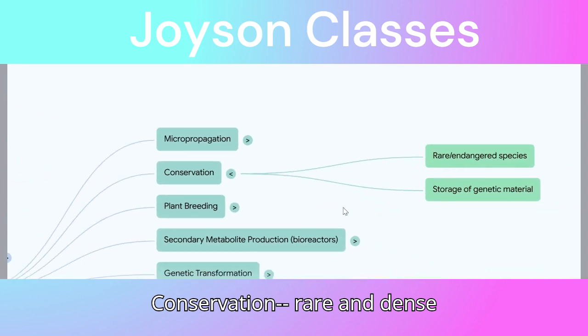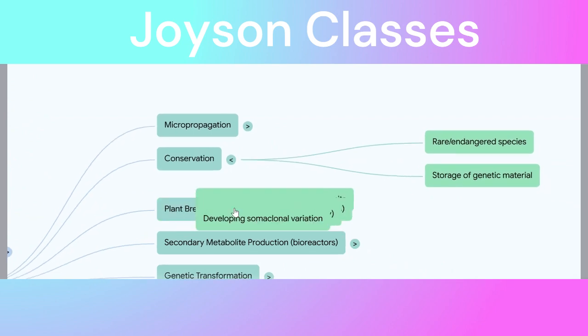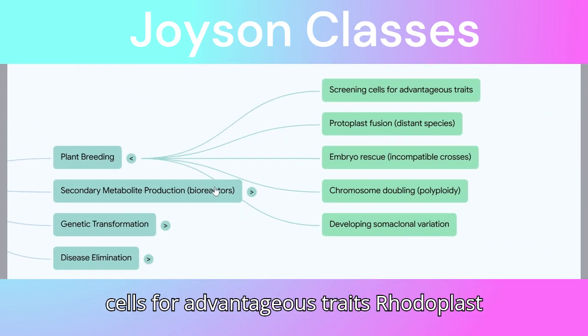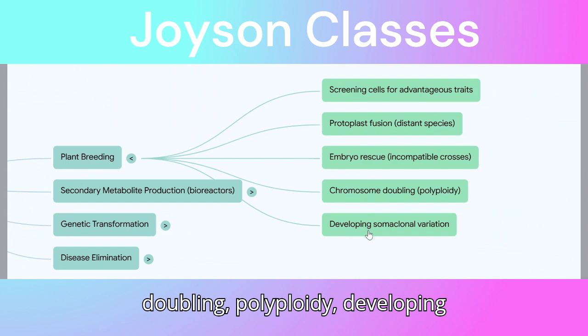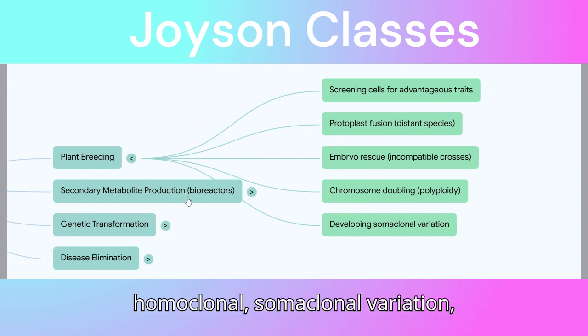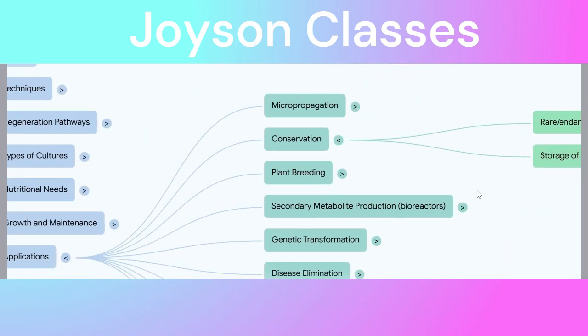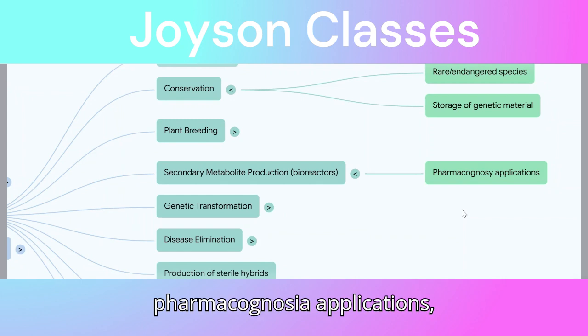Conservation: rare and endangered species, storage of genetic material. Plant breeding: screening cells for advantageous traits, protoplast fusion, embryo rescue, chromosome doubling, polyploidy, developing somaclonal variation. Secondary metabolites, pharmacognosy applications.